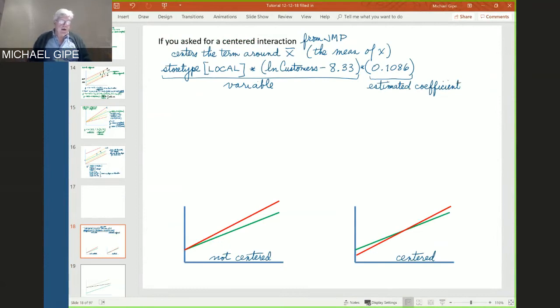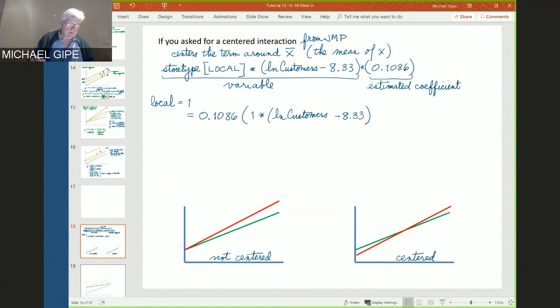And so the impact is that this minus 8.33 also shifts the line up or down. In this case, it shifts it down. And so it affects the regression. If, for example, local is equal to 1, we now have a model that looks like this: 0.1086 times 1, which is store type local, times log of customers minus 8.33.